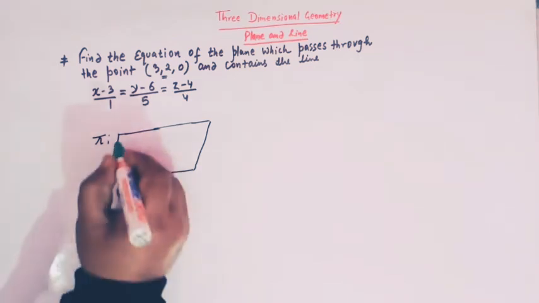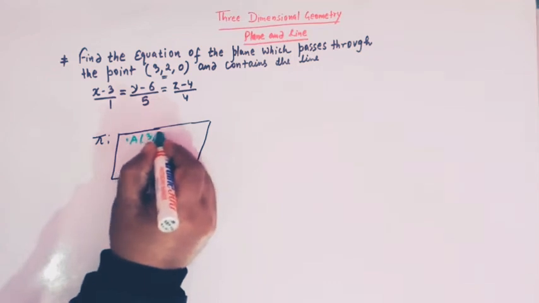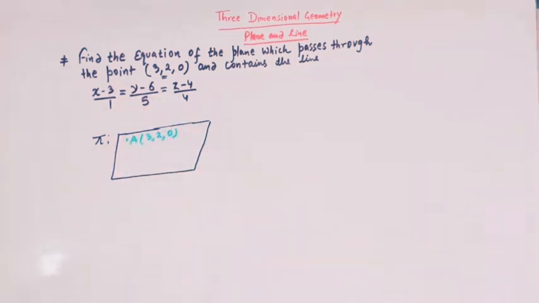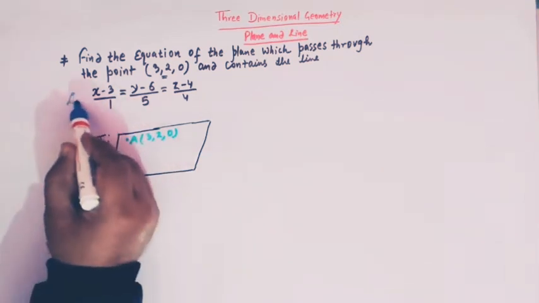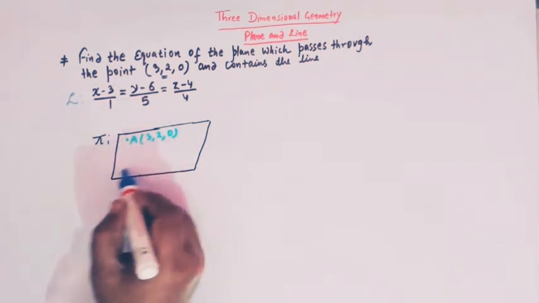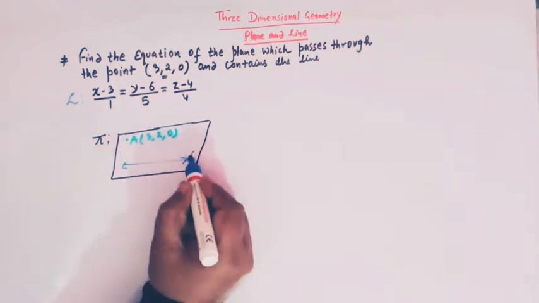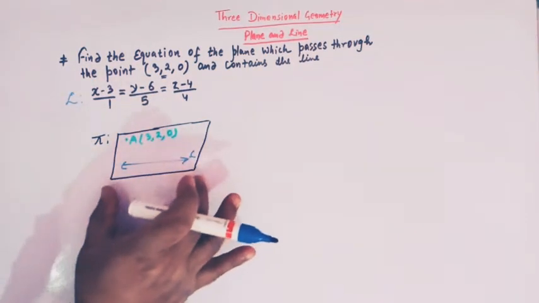Let us take this point as A, which is (3, 2, 0). Moreover, we are given that this plane contains this line L, and this is the line L.